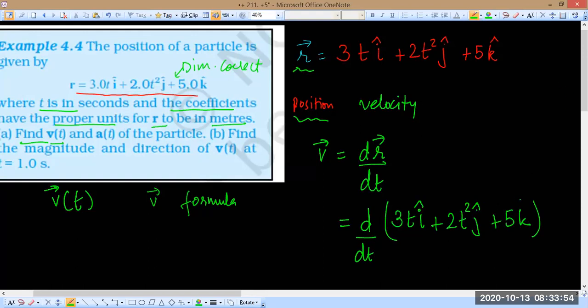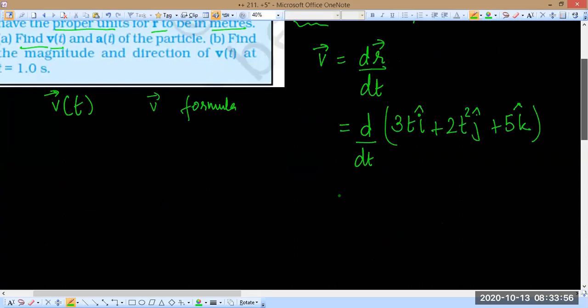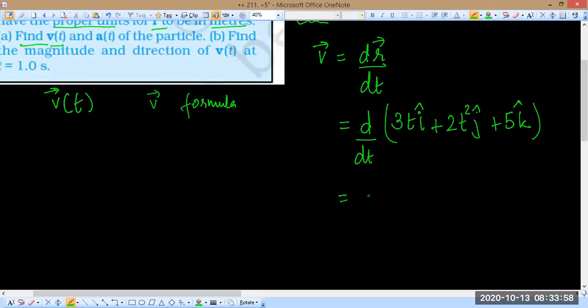Normal rules apply. So this is going to be equal to, tell me the answer. What is this differentiation? I'm waiting for you. Yes, Divya, your answer is right. Others, come on.